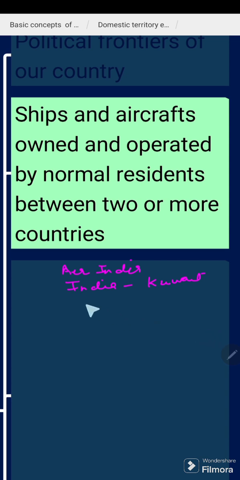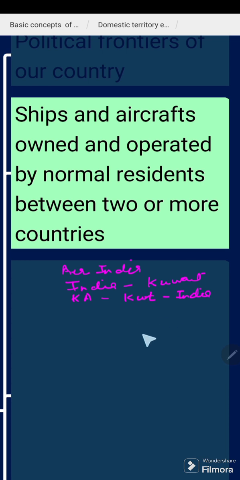Similarly, if Kuwait Airways operates its flights between Kuwait and India, the Kuwait Airways flight will be considered domestic territory of Kuwait.